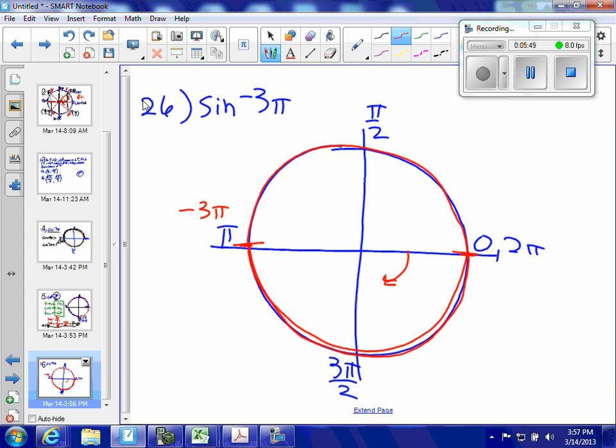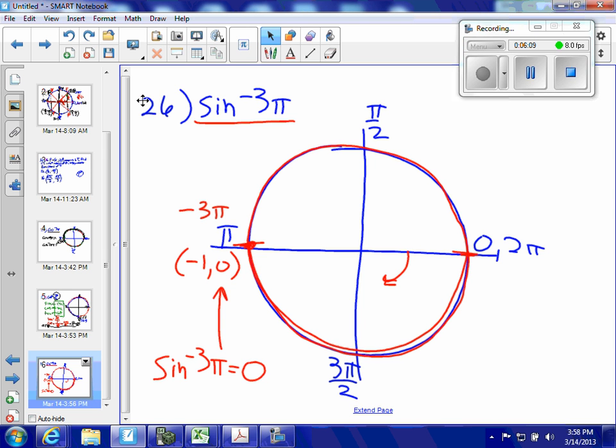And I know that my coordinates of that spot right here are negative 1, comma 0. Well, I'm looking for sine of negative 3 pi, and sine is the y value. So sine of negative 3 pi is equal to 0.